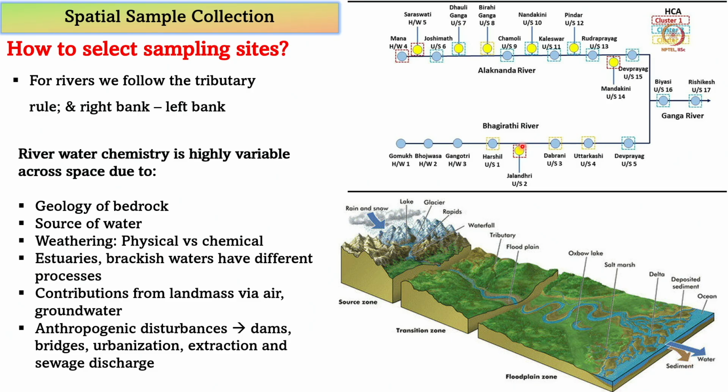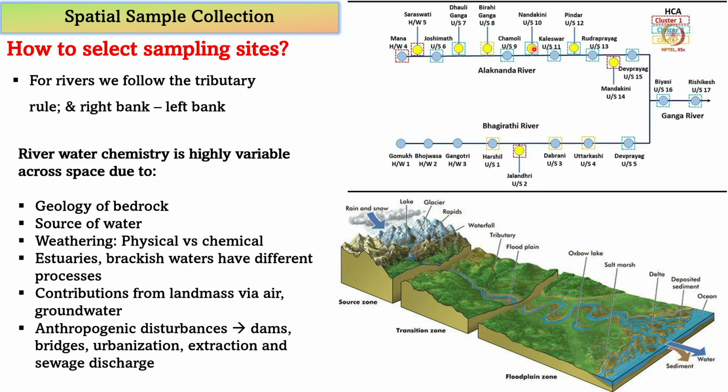For example, you have a stream joining here. So say suppose you are taking a sample here at Chamoli, right? So you collect the sample water from here, then another tributary joins in. So you collect the sample just before this tributary joins the river. Okay, so you collect the sample here, then again it mixes up, and after a certain location downstream, you collect the sample again from the main channel.